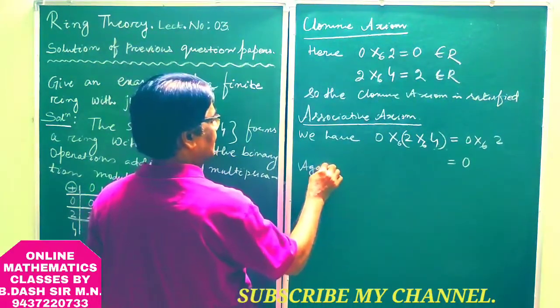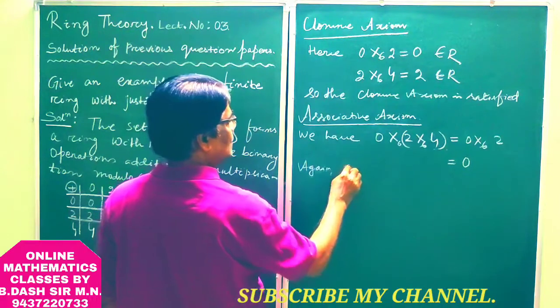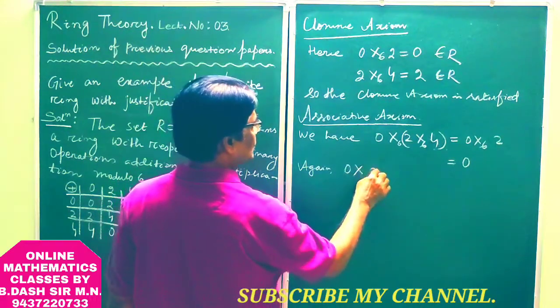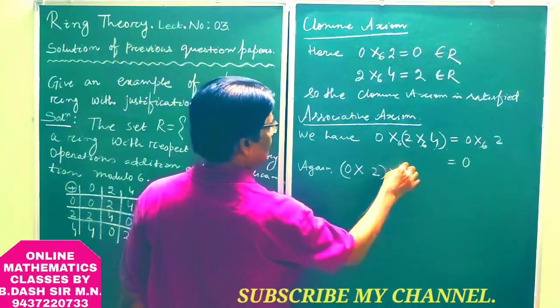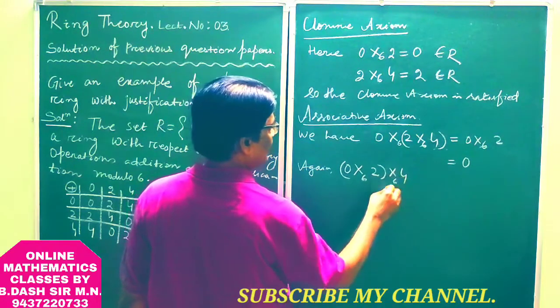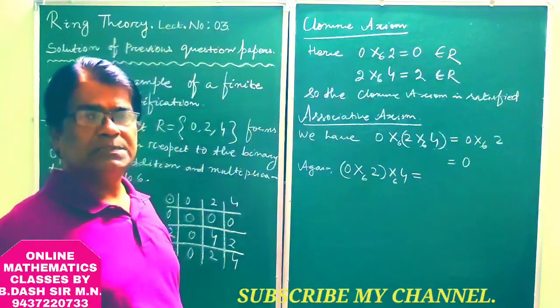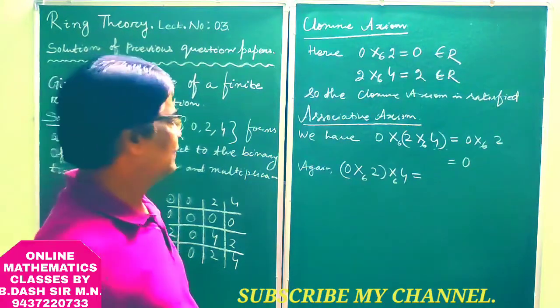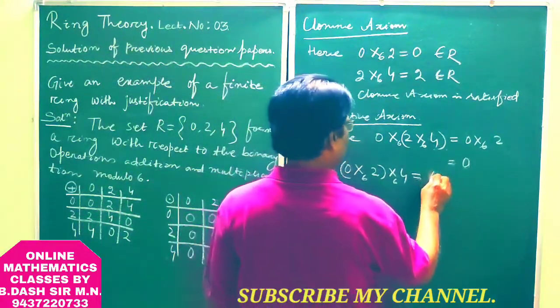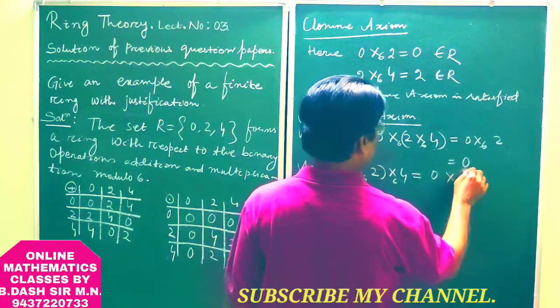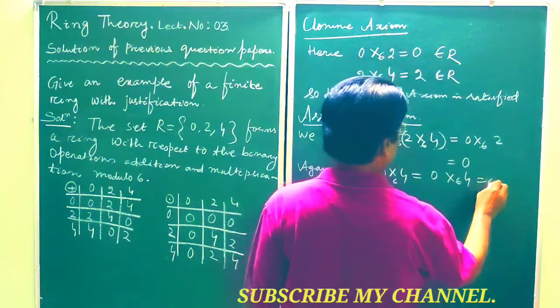Again, 0 into 2 into 4, with respect to multiplication modulo 6, this is 0 into 4, which is equal to 0.